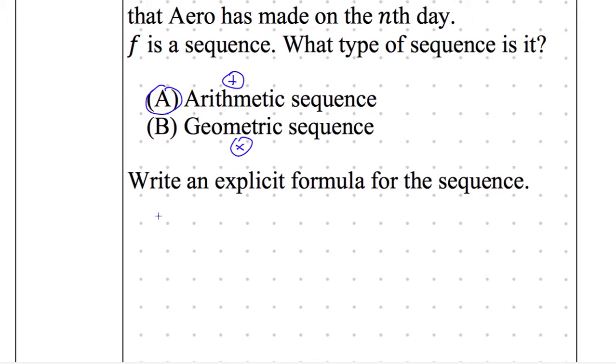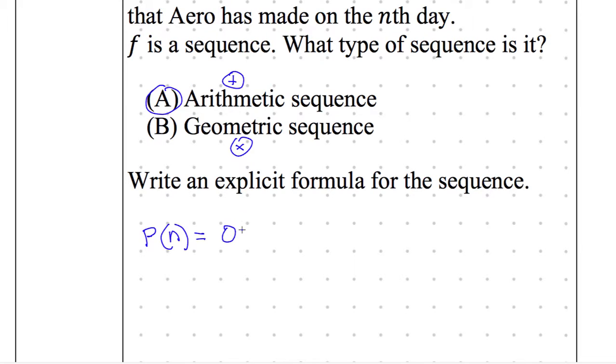Let's do P of n, because of paper. P of n is equal to what? Assume that you didn't start with any paper cranes.